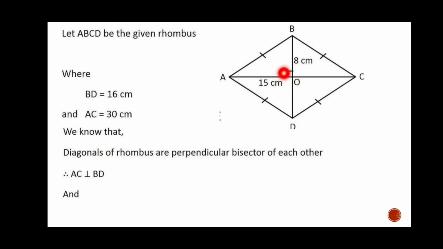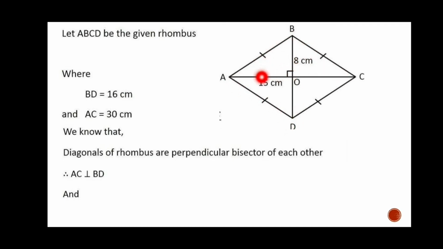Now you can see this is a right angle triangle AOB, where this O is a 90-degree angle and OB is the height of the triangle and AO is the base. So what is missing here? Hypotenuse. And this hypotenuse AB is the side of the rhombus only.